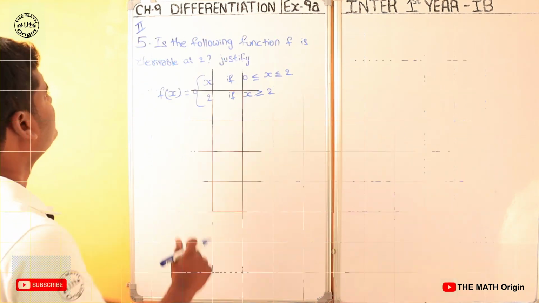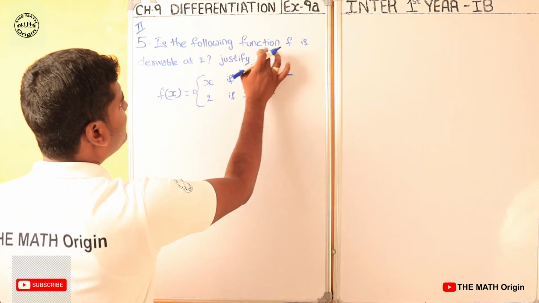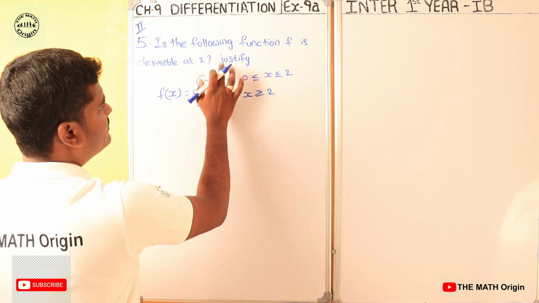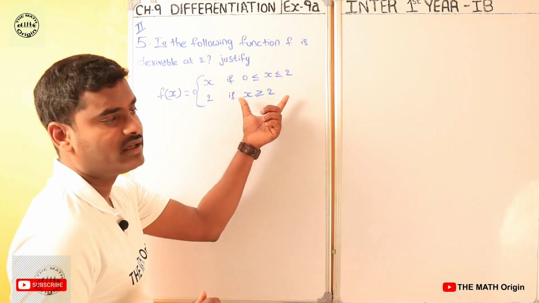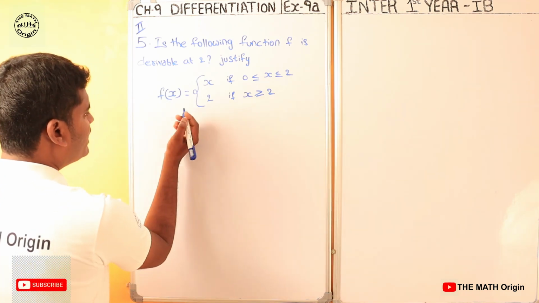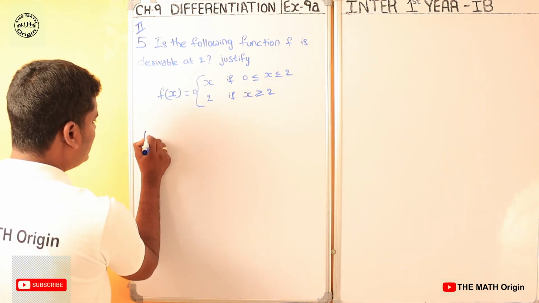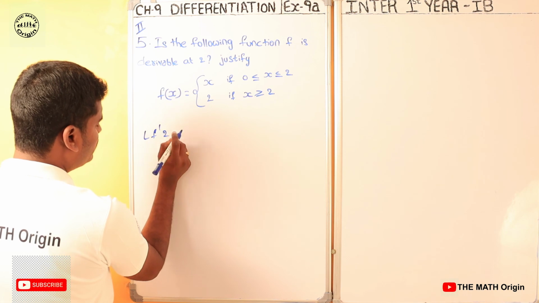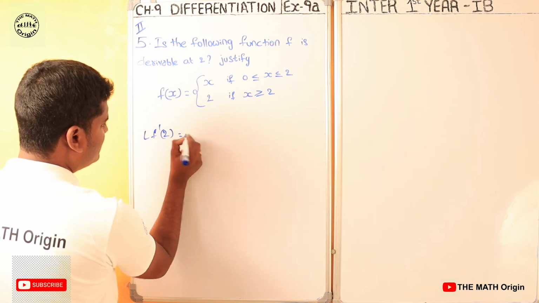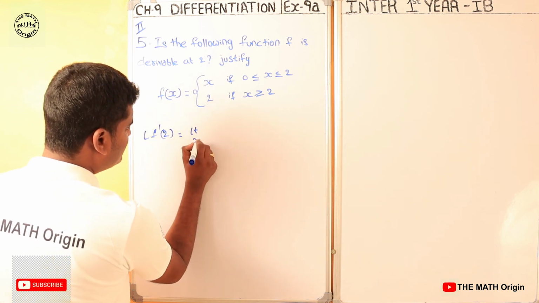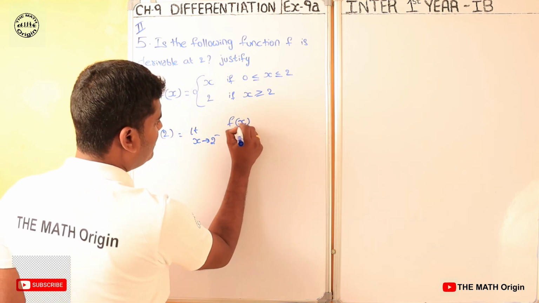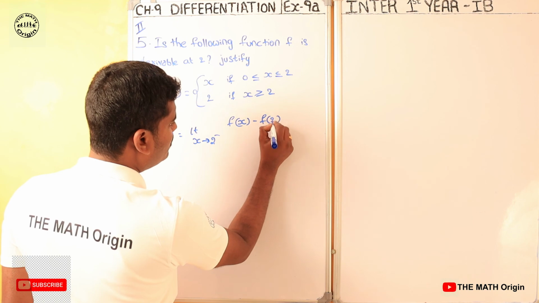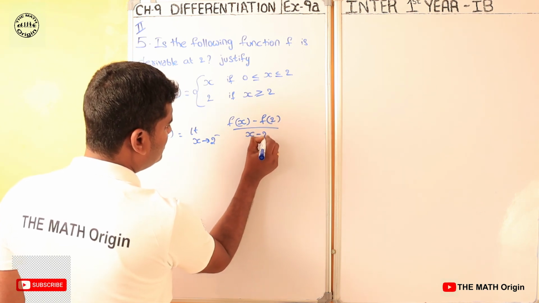The next question from the second section is: the following function f is derivable at 2, justify. f of x equals x, with the given boundary conditions. Let's first do the left hand derivative at 2, which is the limit as x tends to 2 minus of f of x minus f of 2 by x minus 2.